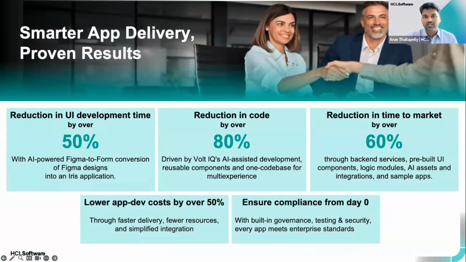And as you can see it as a ladder, each step takes you higher and makes you go faster. If you start at the bottommost rung, the bottleneck between your design team and your developer team, you're solving this gap instantly because with our AI-powered platform, you can take your Figma designs and convert them directly into functional application forms.